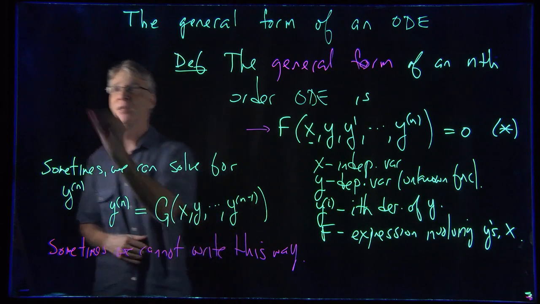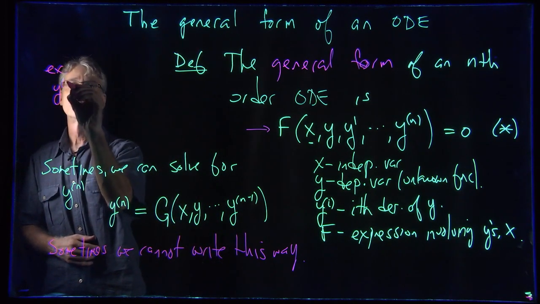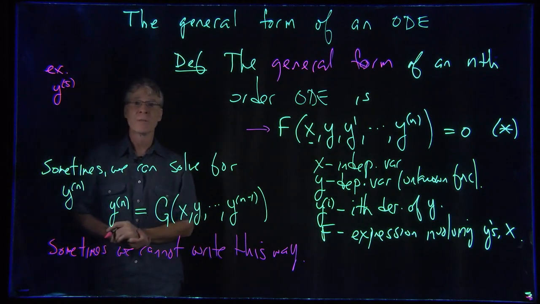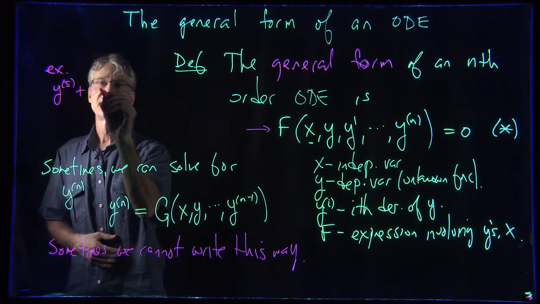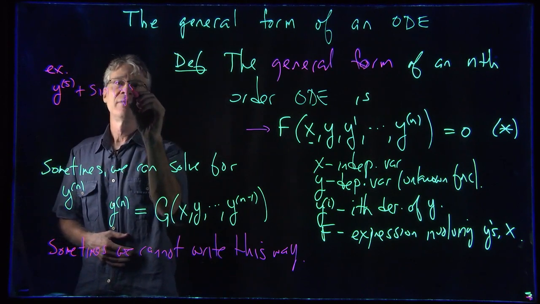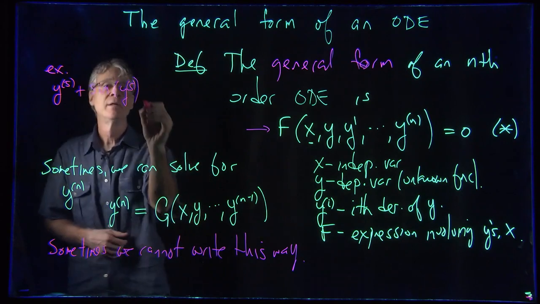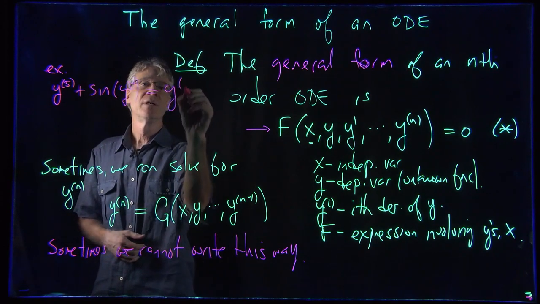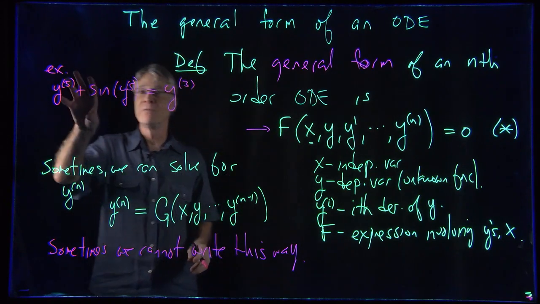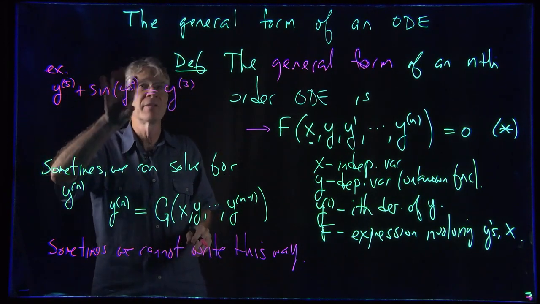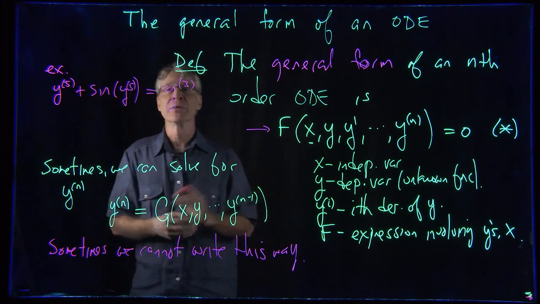Some of these cannot be written in the solved form. To give you a very brief example, suppose I wrote, for some unknown function, its fifth derivative plus the sine of its fifth derivative equals its third derivative. Tell me a function whose fifth derivative plus the sine of the fifth derivative equals the third derivative. Well, I don't know what that function is.